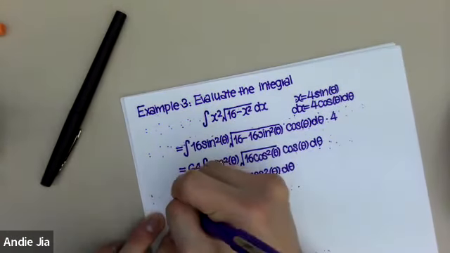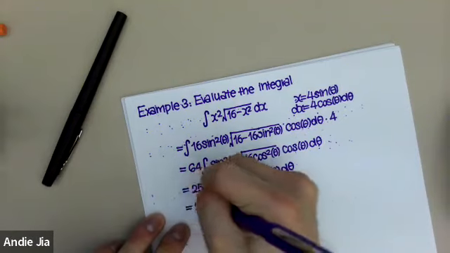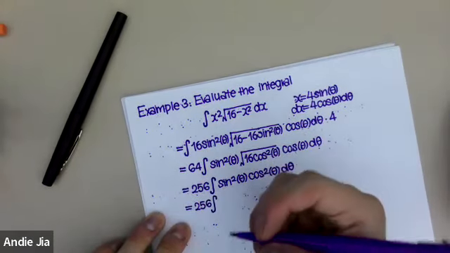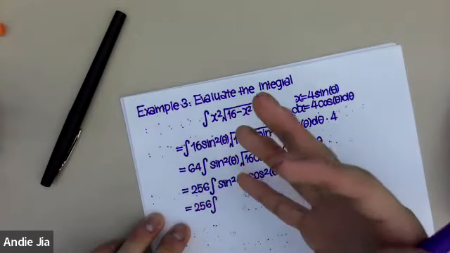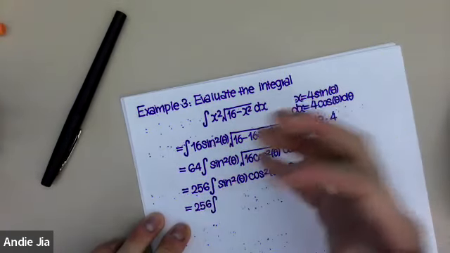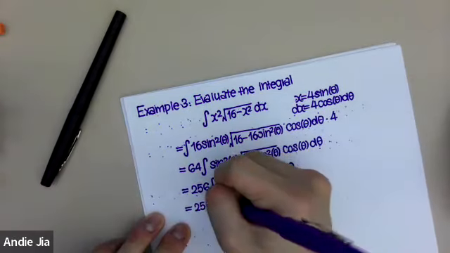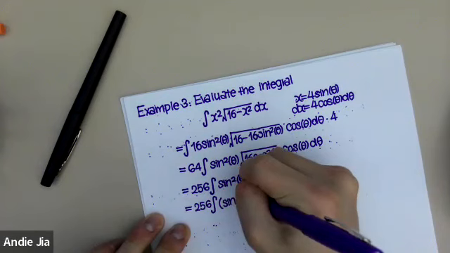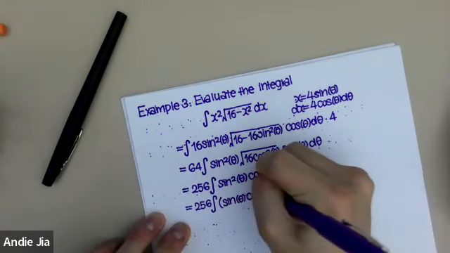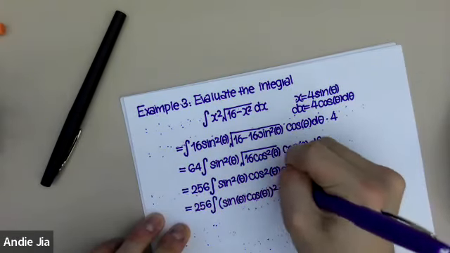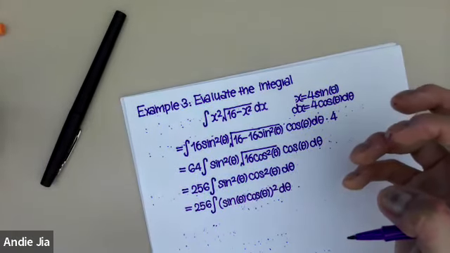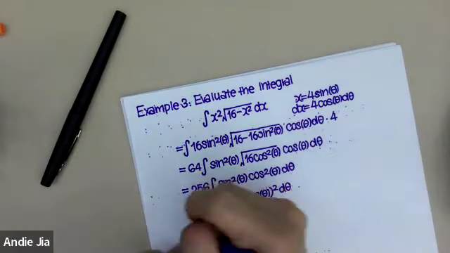So this is just going to be rewritten as 256 times the integral of sine theta cosine theta squared d theta. Wow, I didn't know this hint.